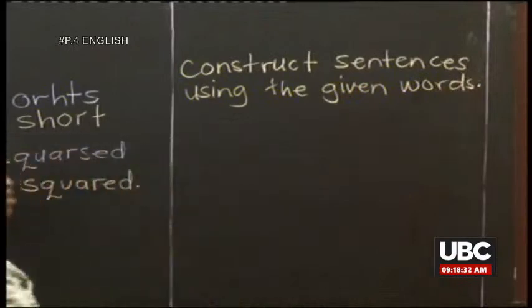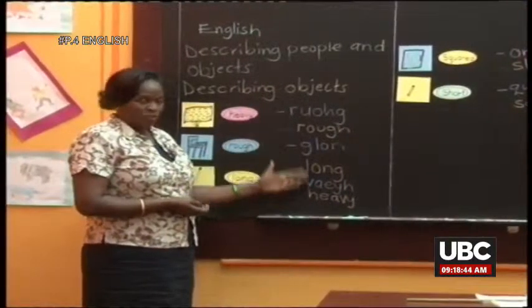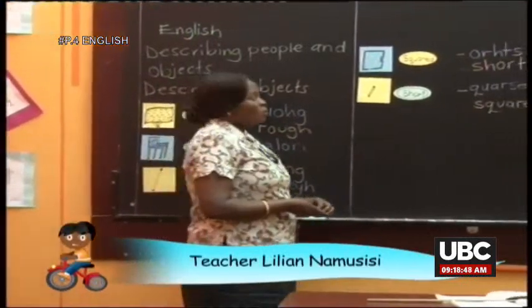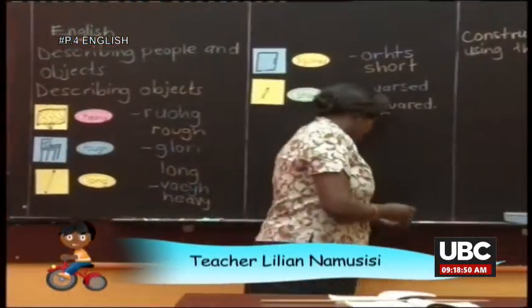So that's our instruction. Construct sentences using our given words. Which words? The words we have looked at when we were describing our objects. These are the adjectives which we have looked at, and they are the ones we are going to use when constructing sentences.